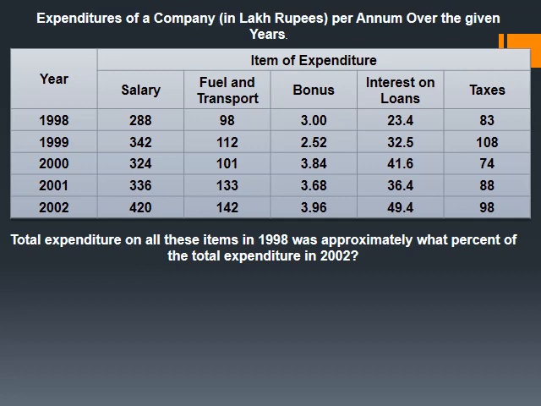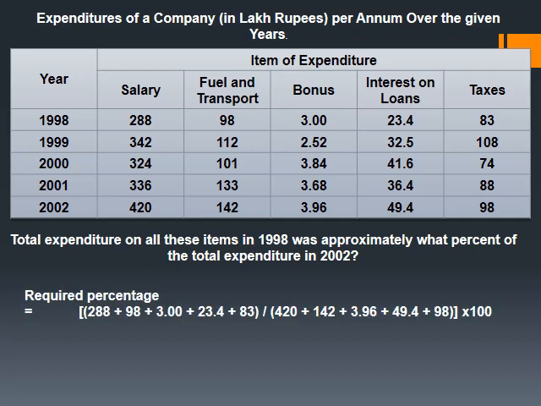Then the question is that what percentage will be the total expenditure of 1998 out of the expenditure of 2002. So we had to divide what we get in 1998 by what we get in 2002 and multiply by 100 to get the percentage. So we are adding the numbers in 1998.